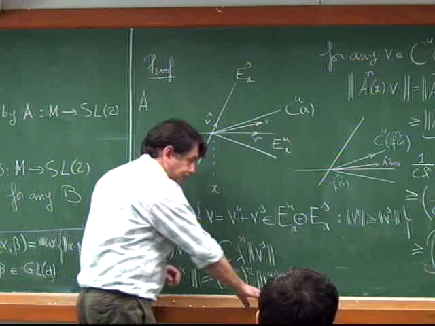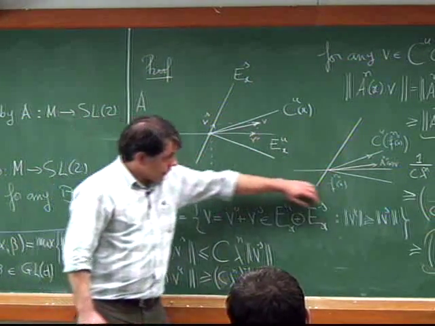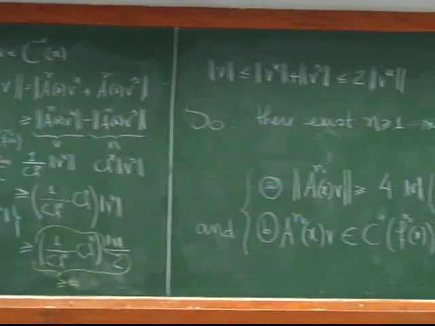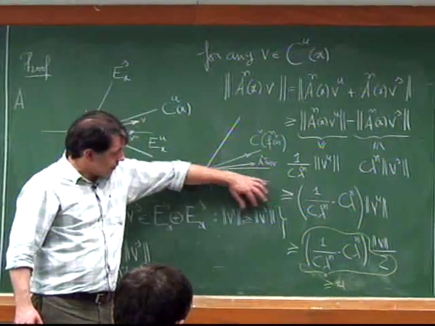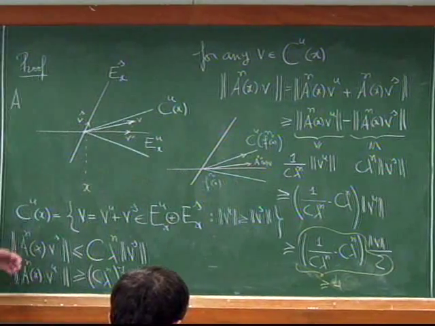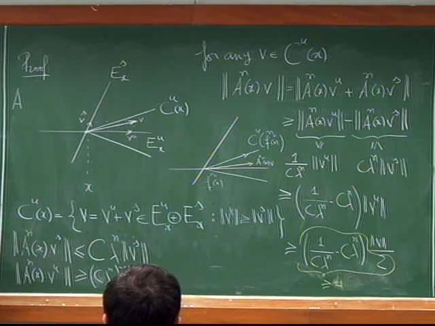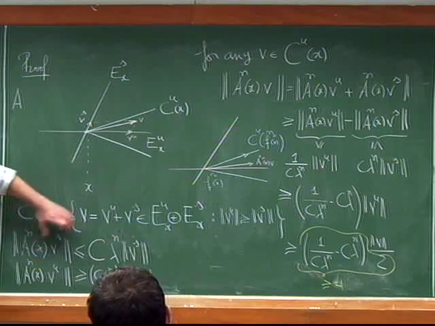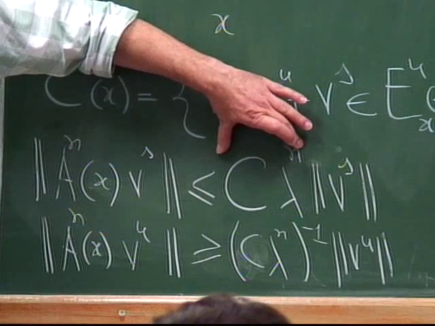Let's go back to the proof of B. I said that we started with a vector where Vs is smaller than Vu. Right? Could be equal, but not larger. As we iterate, the S component becomes smaller, strictly smaller.